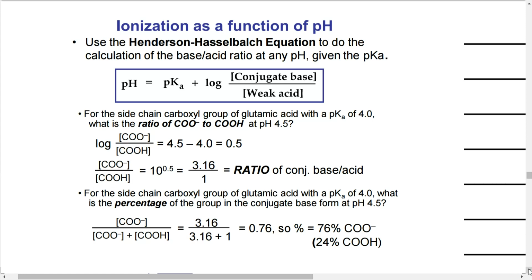So for every 3.16 moles of COO minus, there's 1 mole of the acid. So I have to take that into account in the denominator. If I ask you a percentage, it's 3.16 over 3.16 plus 1, because that's the total amount. So it's about 76% in the COO minus form, 24% as the acid.